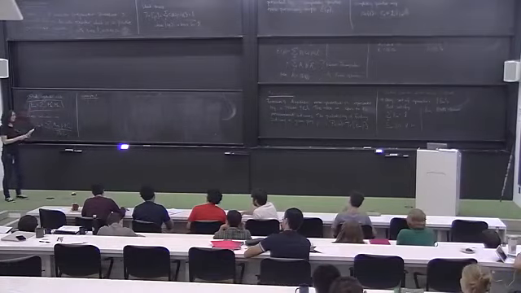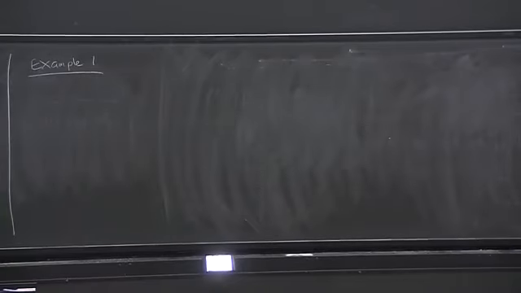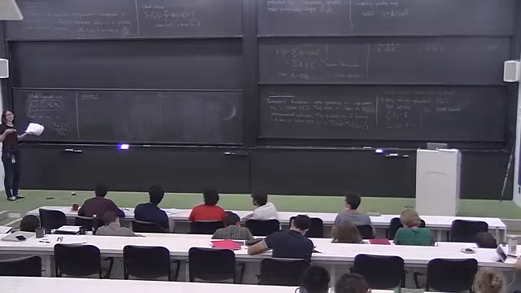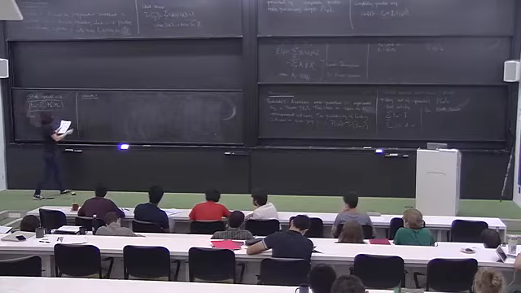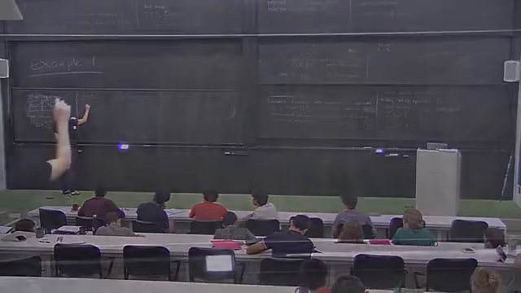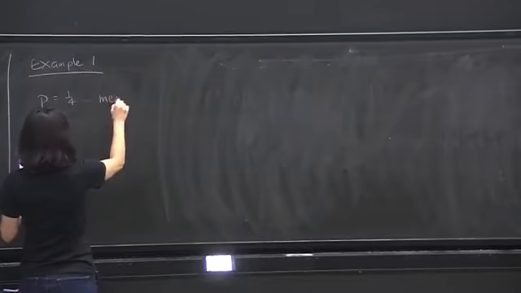Okay, so imagine I'm doing the following measurement. I have two different measurement devices. One of them can measure in the 0-1 basis. The other one can measure in the plus-minus basis. And I'm again going to flip a coin that tells me which measurement I'm going to implement. And this coin is a biased coin. So with probability 1/4, I'm going to measure in the 0-1 basis.